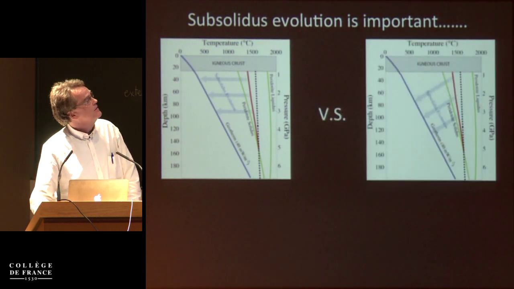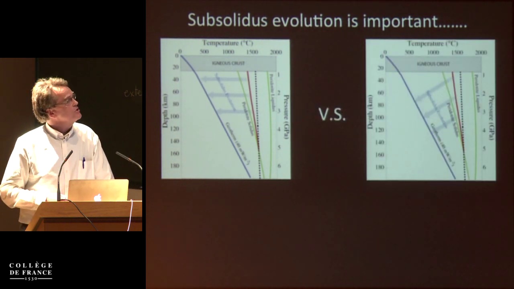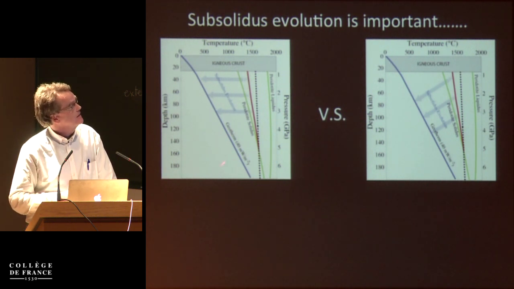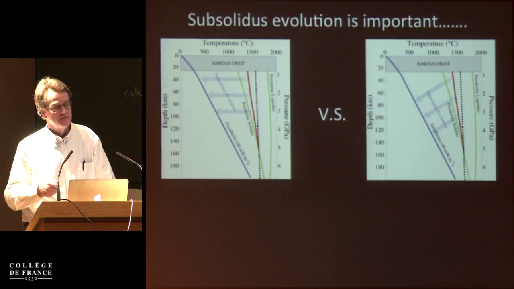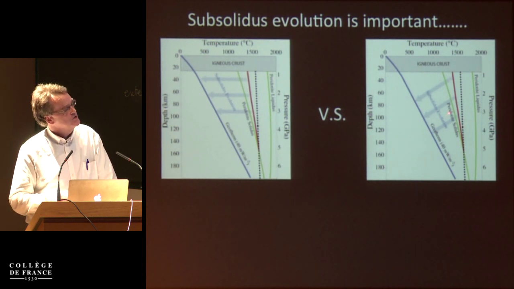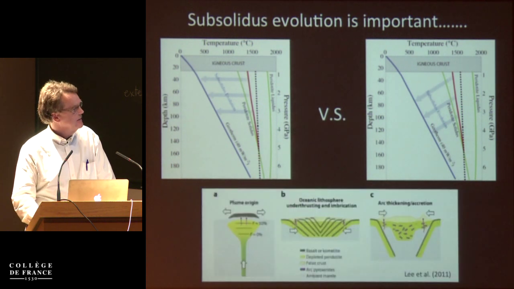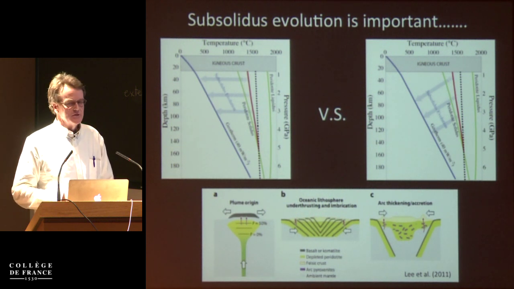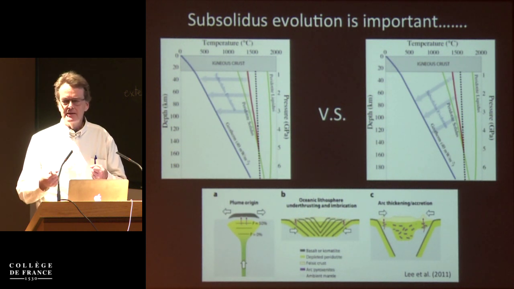Okay, so in terms of the evolution of this thing, even if you take into account the subsolidus evolution, they're negatively buoyant at these kinds of depths, and somehow you have to take this stuff that is formed at shallow levels at a high degree of depletion and get it down deep. So you look at these various scenarios and ask yourself, is there a mechanism in these scenarios to, in fact, do that?